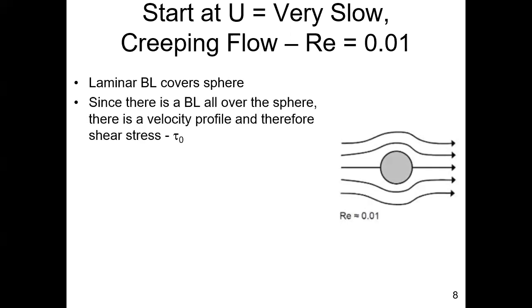Because there's a laminar boundary layer, there's a velocity profile. Because there's a velocity profile, there must be shear stress, particularly right up against the surface of the sphere. Just like on the plate, we call that tau zero, the shear stress where y is equal to 0, right on the surface of the object.